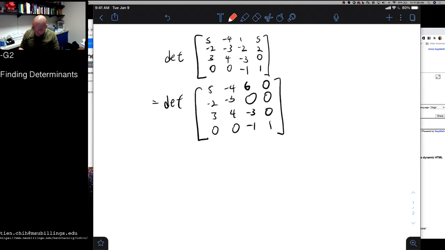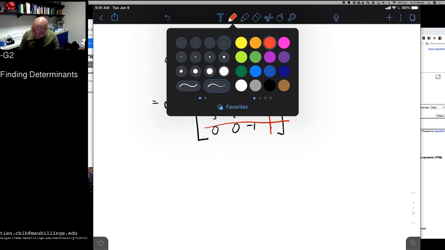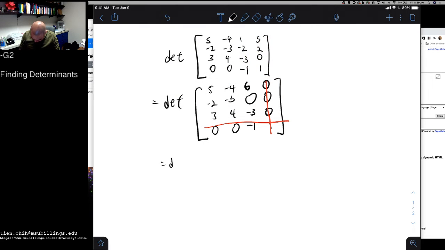And then what I'm allowed to do at this stage is get rid of that, right? And so that leaves me with the determinant of 5 minus 4 is 6, minus 2 minus 3 is 0, 3, 4, minus 3.